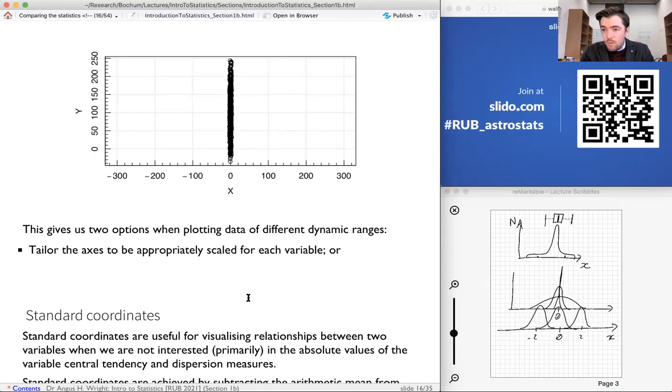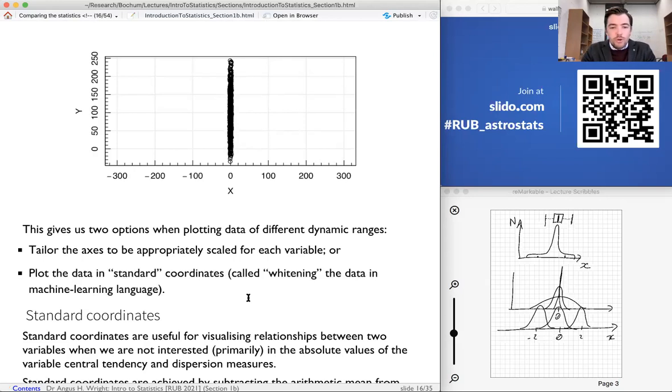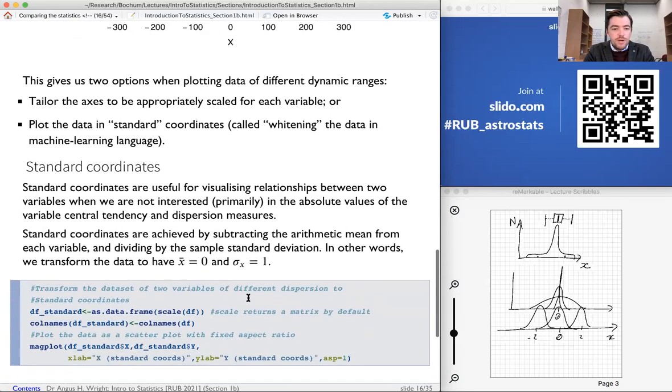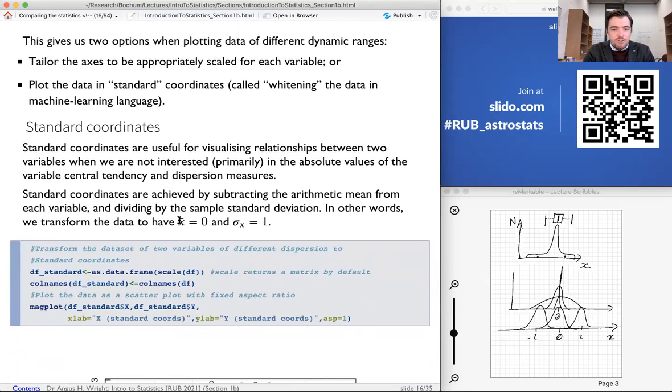You could tailor the x and y axes by hand in order to get a roughly similar dynamic range. Or you can plot the data in what's called standard coordinates, or if you're a machine learning person, then this is what's called whitening the data. And what standard coordinates refers to is taking a data set and transforming each variable within that data set so that it has a mean of 0 and a standard deviation of 1.